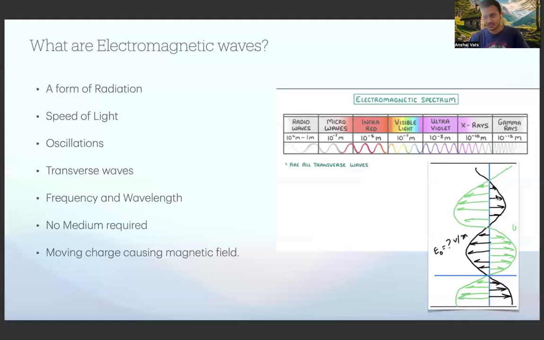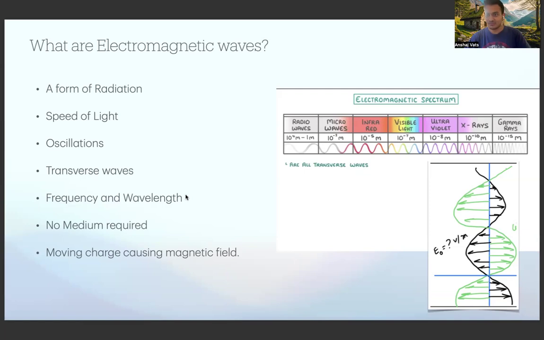As you can see in this picture, the green represents the electric waves, and the black line represents the magnetic waves. They all are transverse waves. They have frequency and wavelength.